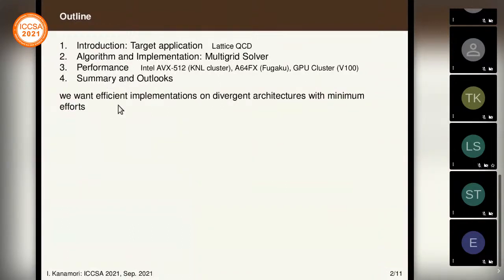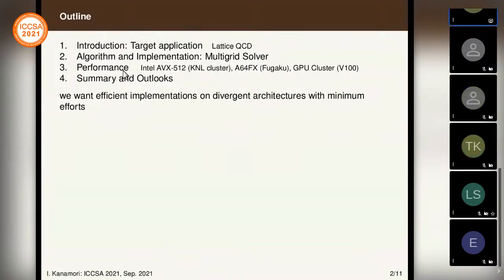Okay, so first I will introduce our target application, Lattice QCD, that is a system of quarks. And then I will briefly explain our implementation of algorithms of multi-grid solver.